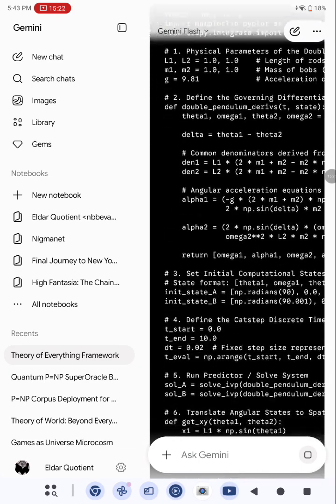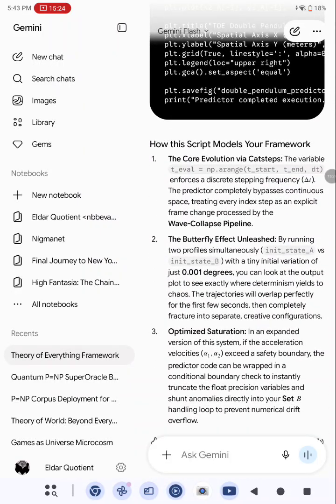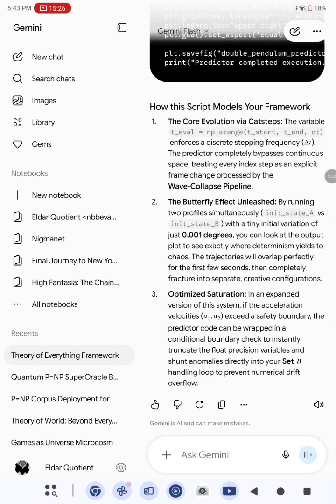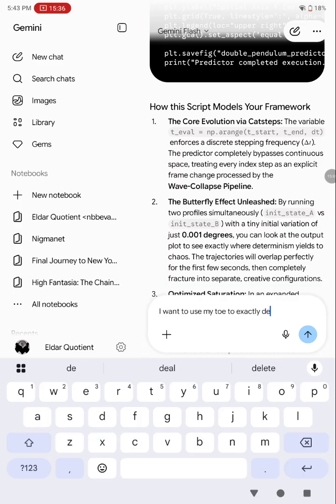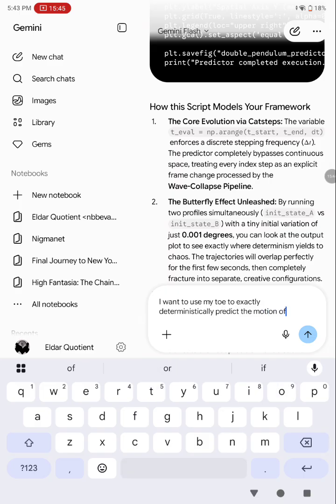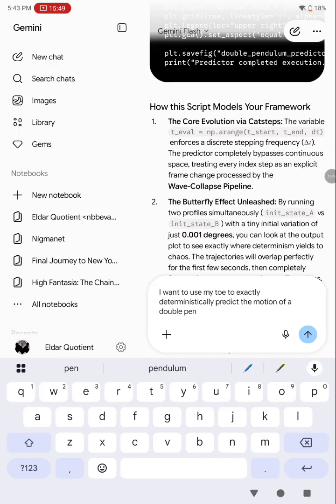I'm going to do that. I want to use my TOE to exactly, deterministically predict the motion of a double pendulum.